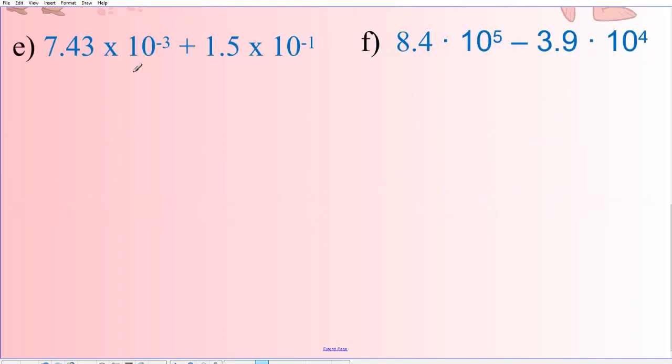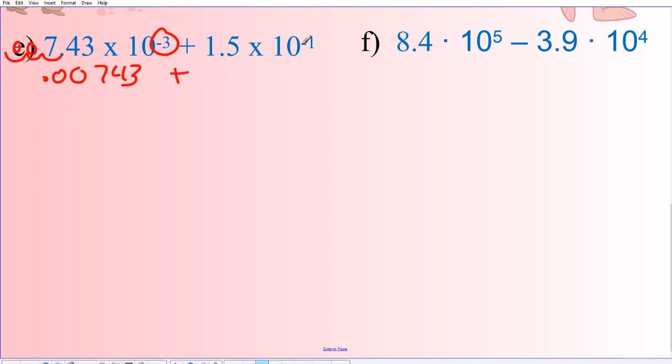So I said I was going to do this one using standard form. I'm going to take this and move the decimal 3 places, making this smaller. So this becomes 0.00743. That's 1, 2, 3 places, which gives me 2 zeros out front.